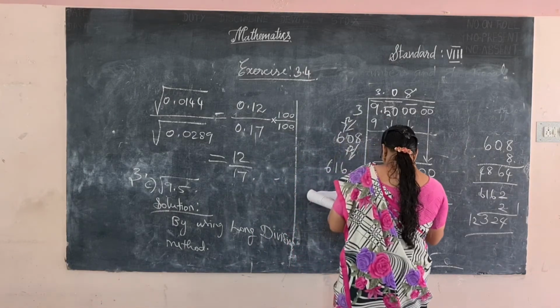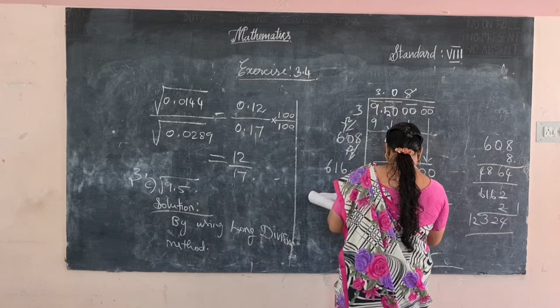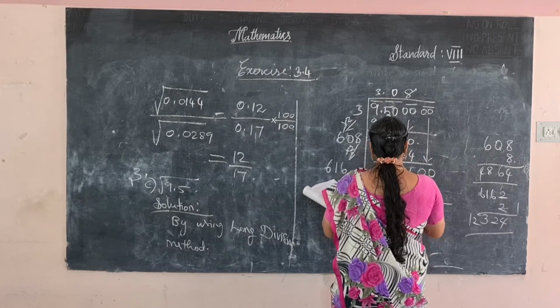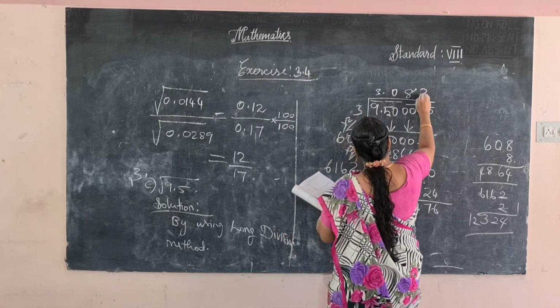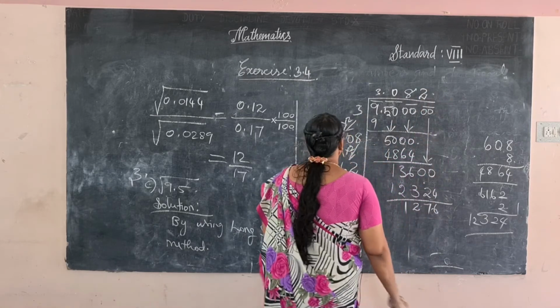Subtract, we get 1. Which number do we multiply here? 2. The same number is multiplied in the numerator.